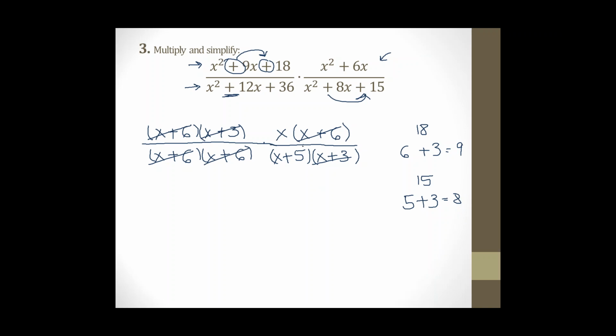Let me see, anything else? Nope, nothing else cancels. So on top, all I have left is an x, and in the bottom, all I have left is x plus 5. So this is my final answer for question number 3. This is C.